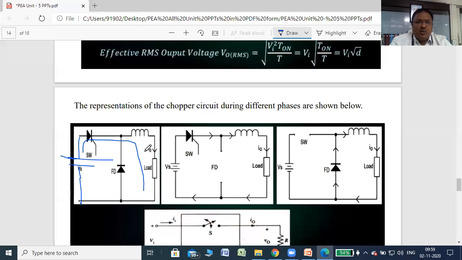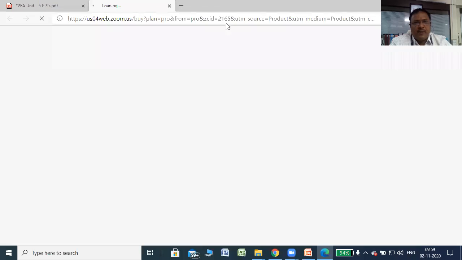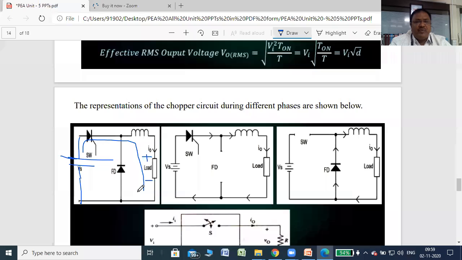If it is an inductive load, then it will store the energy in its magnetic field with the polarity upper positive, lower negative terminal, right? Now whenever the switch is off, that time this terminal becomes positive, this becomes negative, and the current flows through the freewheeling diode, right? This time the output voltage is equal to 0, but the output current is still positive, right?